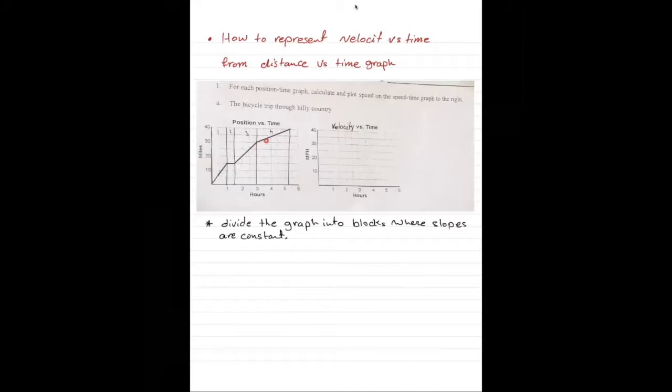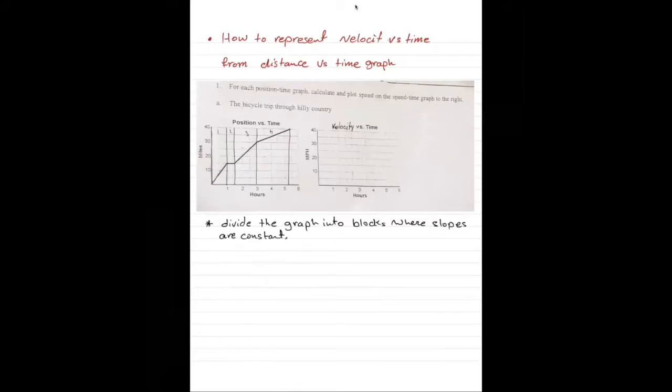We can see that this line is a little bit flatter than this line. That means the change in position was quicker in block 3 versus in block 4. And that should indicate something to us. It should tell us maybe, oh, the speed in block 3 is different than the speed in block 4.